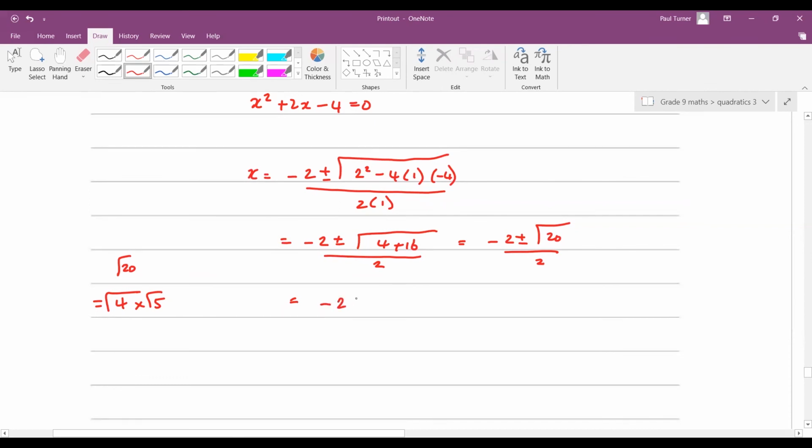So we'll have minus 2 plus or minus 2 root 5 on 2. That could be simplified because this is a common denominator. So you'll end up with minus 1 plus or minus root 5. That's in surd form. Okay, notice the common denominator cancels both parts. It must cancel both. Okay, and then you'll end up with your minus 3.24 and 1.24 for the final answer.